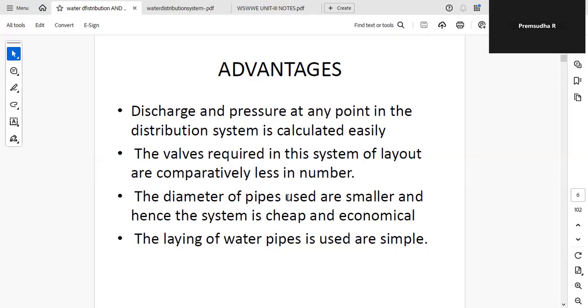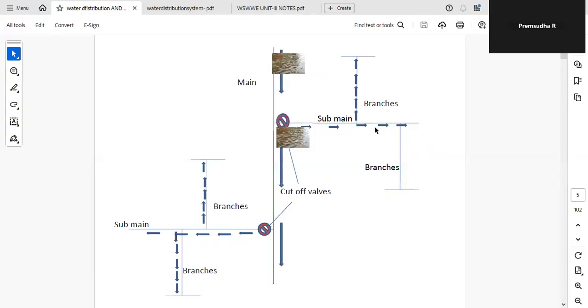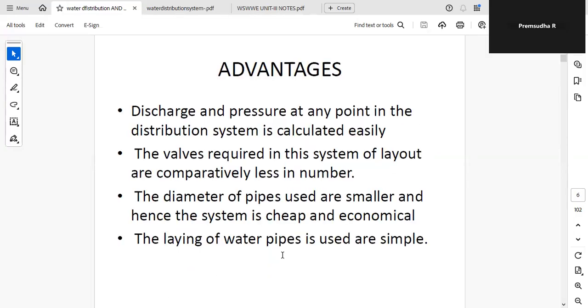The diameter of the pipes used is smaller, hence the system is cheap and economical. The laying of water pipe is very simple here. So only one main, and from the main there is a submain, and submain to branch, and cut-off valves are fewer in number.